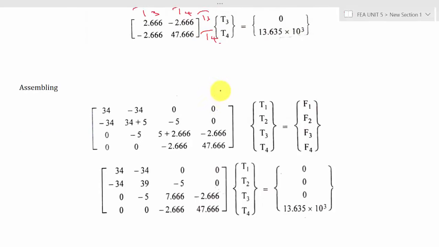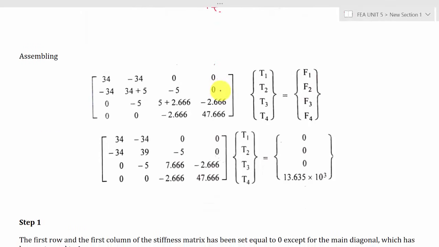So now I am going to assemble this. We know how to assemble the stiffness matrix because it is almost like the one-dimensional bar element. The numbering is T1, T2, T3, T4. Now I have assembled all the values, and this is my K into T is equal to F. This is my K matrix, this is my T, and here I have assembled the force vector.